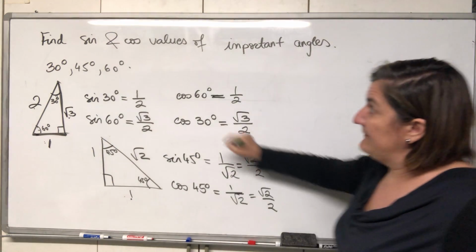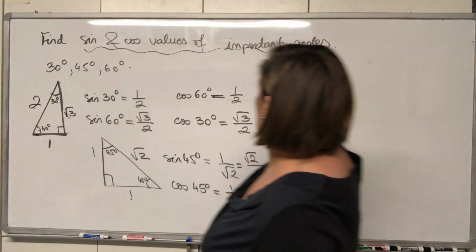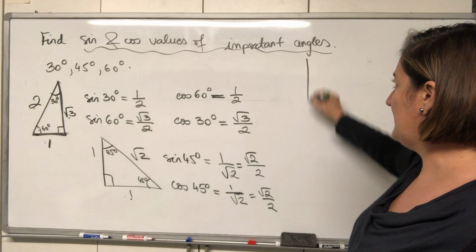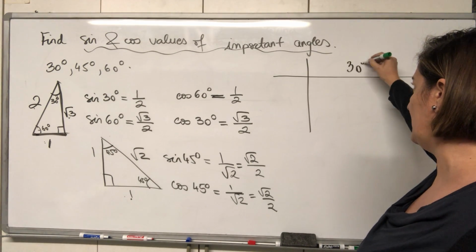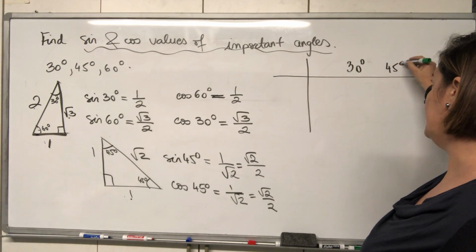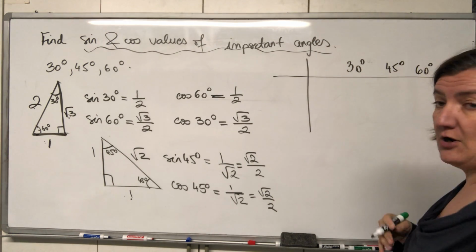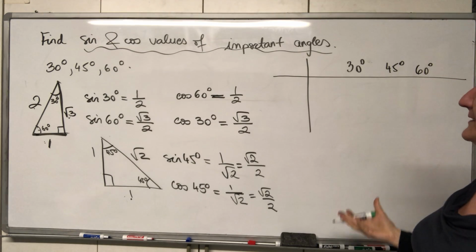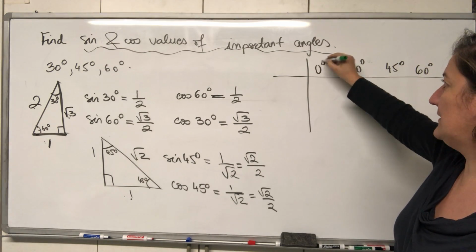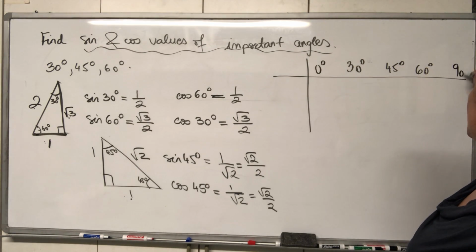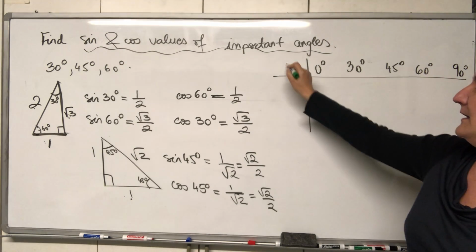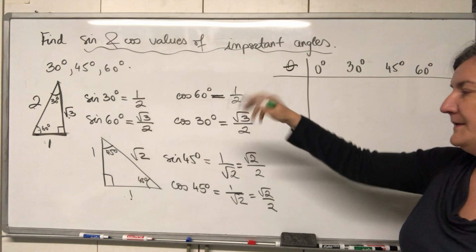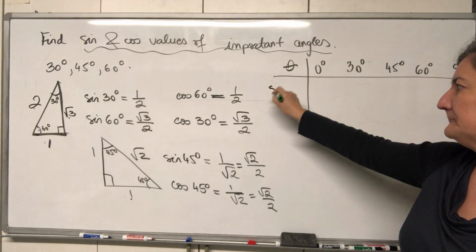Sine and cosine values of important angles. So I'm going to refer just to the first quadrant. So not just 30, 45, and 60, which are first quadrant angles, right? They're acute angles, but I'm also going to use 0 and 90, and these values easily come out of a unit circle.